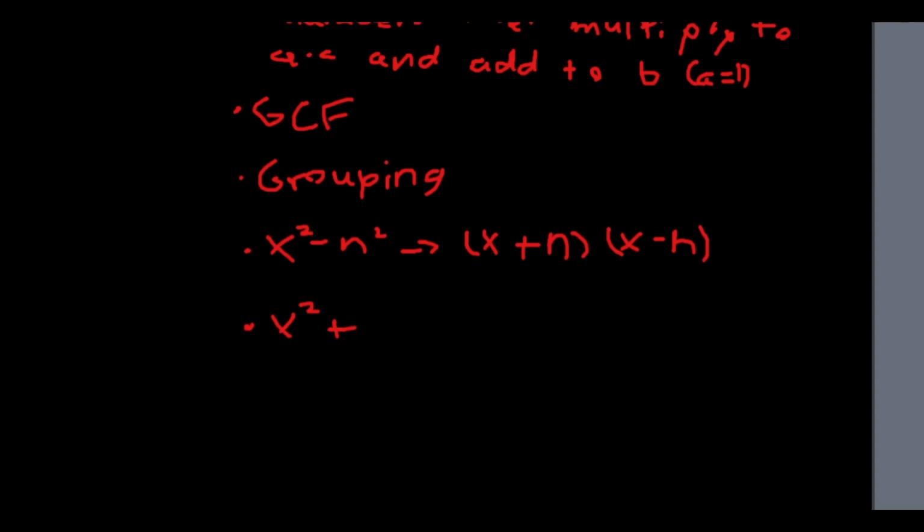You hate to see it. But what it gives us is 2n. But it's not plus n minus n, because it's plus n, or minus n. In this case, plus n. So x squared plus 2n plus n squared is what gives us x plus n times x plus n.